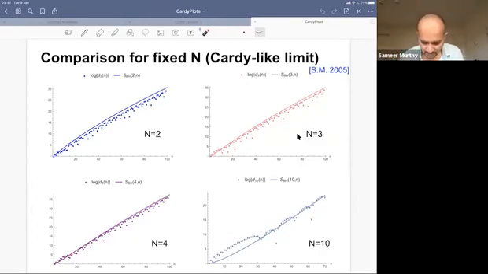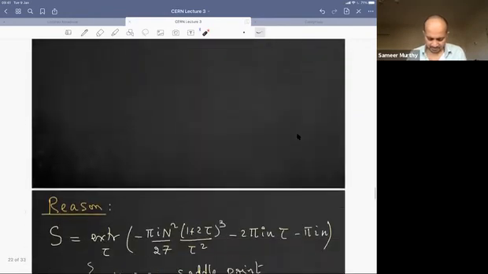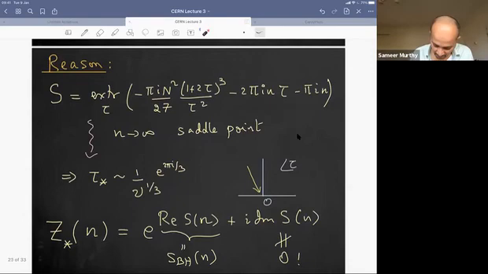Let's explain the oscillation. The oscillation happens because of what I call a second order effect. The first order effect was that instead of going to 0, you go to 1. So you shouldn't go there, you should go here in these shifted variables. The second order effect happens because you're not actually going vertically, you're going with a little bit of an angle because of this phase.